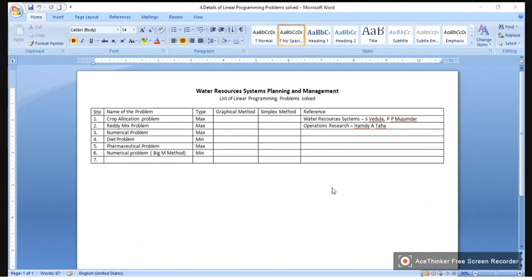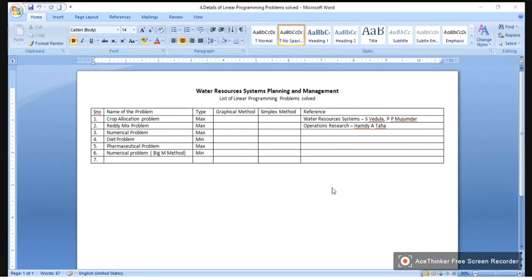But if the constraints are greater than or equal type or equality type, then we have to use a modified simplex procedure, and it is called as big M method.